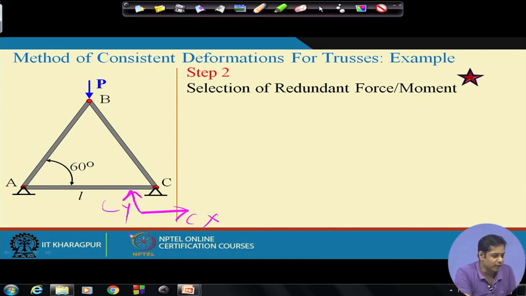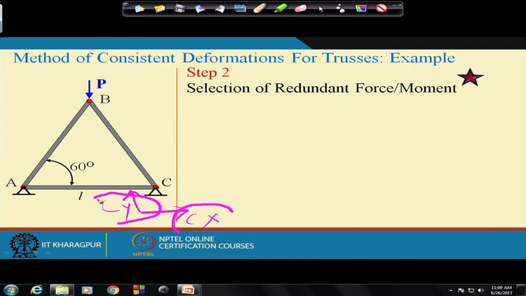So either we can take Cx as redundant or we can take Cy as redundant. We can take Ax or Ay as redundant as well, but this will be the same because it is a symmetric structure. So let us see what happens if we take Cx and Cy as redundant forces.